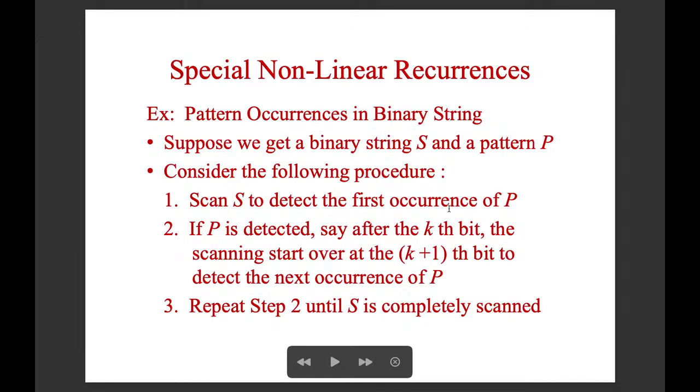For instance, let's say P is the pattern 101 and S is 1101, 1101, something like this. After we scan the first few characters 1101, we have discovered the pattern 101 occurring. In that case, we take this as the first occurrence of P. We say that this occurrence of P occurs at position 4, because after reading position 4, we see the full pattern P appearing.